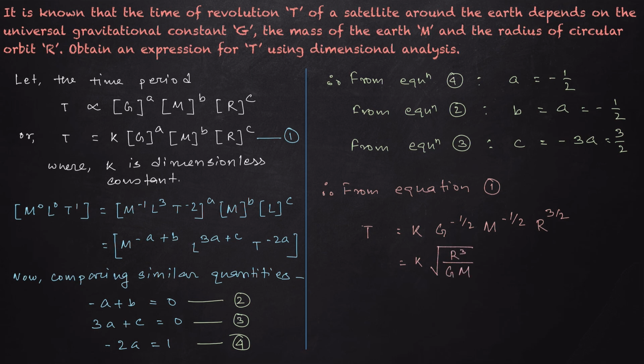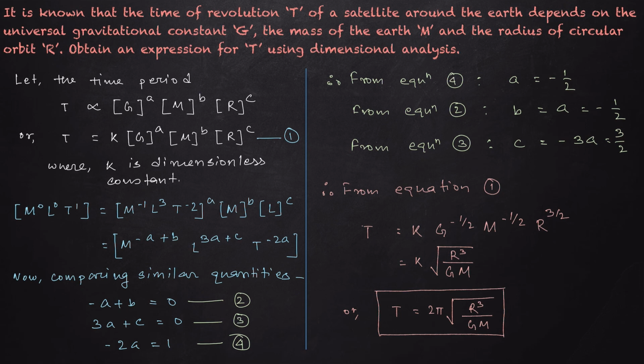So this is the formula for time period using dimensional analysis, but in general T is equal to 2 pi root over r cube by GM. So the actual value of K is 2 pi, this dimensionless constant.